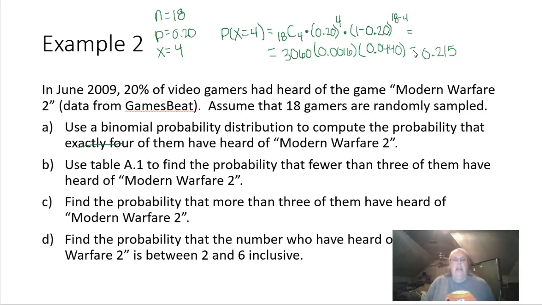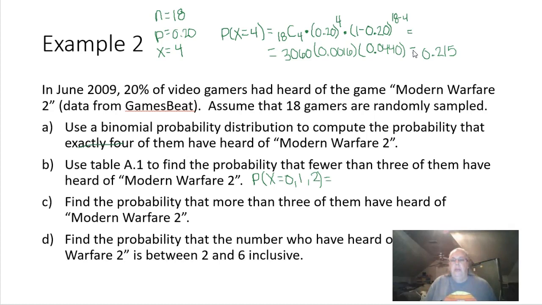Okay, B. Using table A1 to find the probability that fewer than 3 have heard of Modern Warfare 2. Now, fewer than 3 means that we could have none of them who have heard of Modern Warfare 2, just one of them, or 2 of them who have heard of Modern Warfare 2.